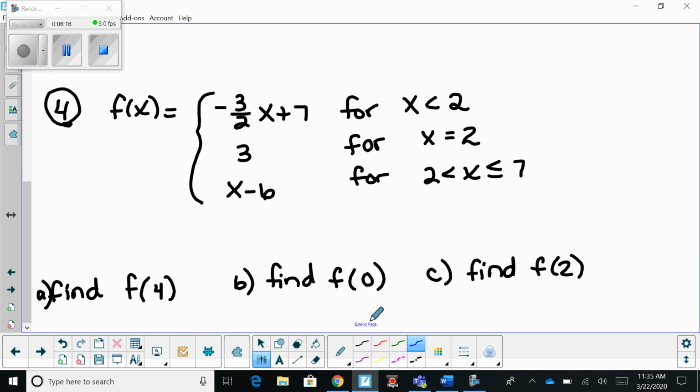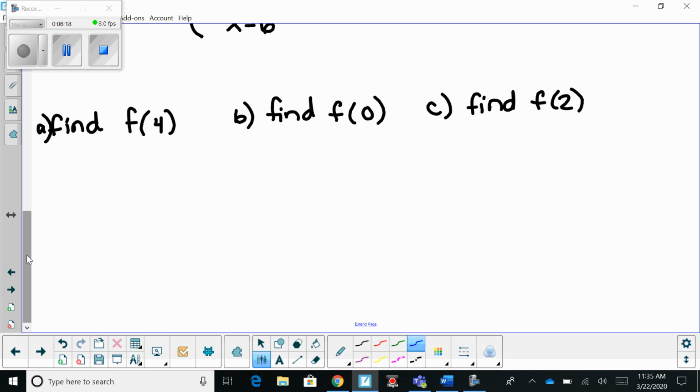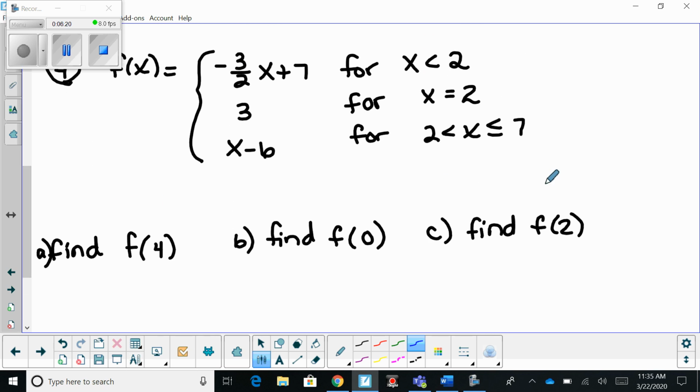Let's take a look at this example number 4. Here we're not only seeing 2 pieces to our function, we are seeing 3 pieces. So I have -3/2 x plus 7 for all x values less than 2. I have the constant 3 for an x value equal to 2. And I have the function x minus 6 for x values between 2 and 7.